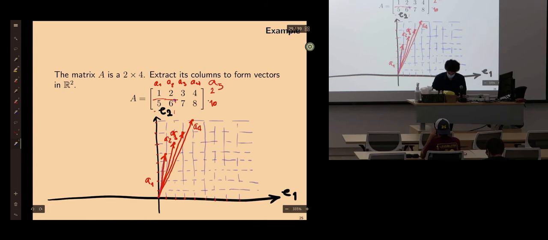It will be, right? Exactly. So A5 is like just the scaled version of A1, right? Does this add any new direction?